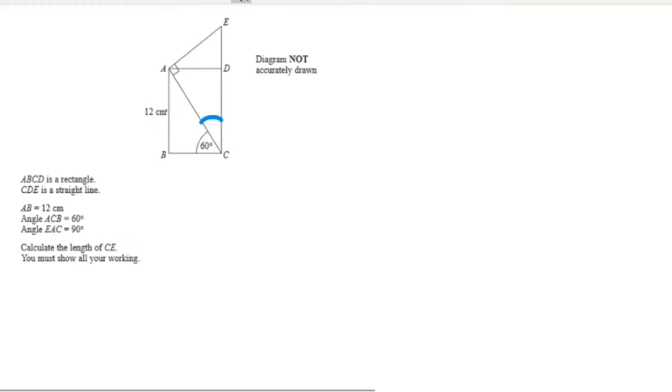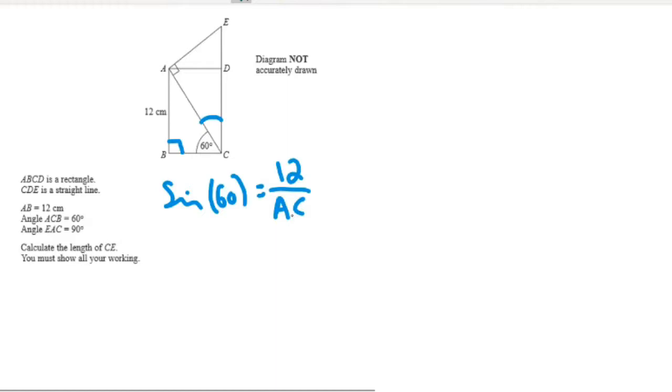We have here this 12. This is going to be the opposite because it's the side that's opposite the angle we have measured. And the line AC, which you might want to work out, is going to be your hypotenuse, because it's the diagonal that's opposite the right angle. With this in mind then, if we're dealing with opposite and hypotenuse, once again, we're going to be using sine. So the sine of 60 is going to equal our 12 over this length AC that we want.